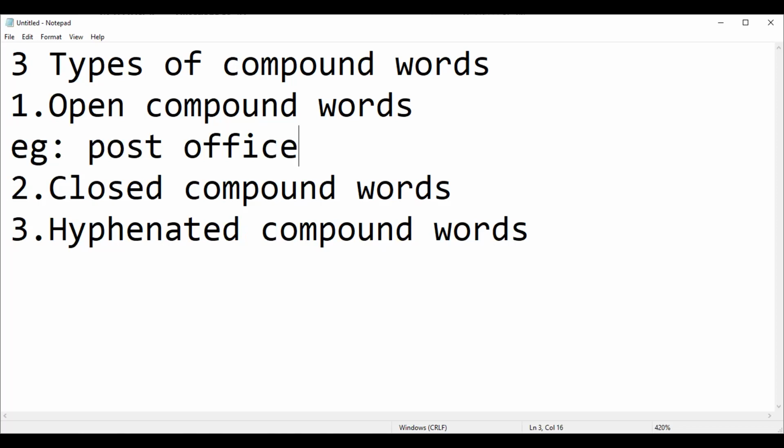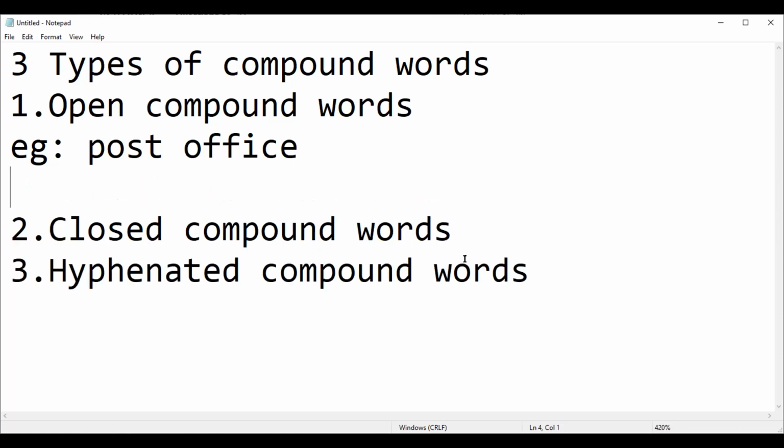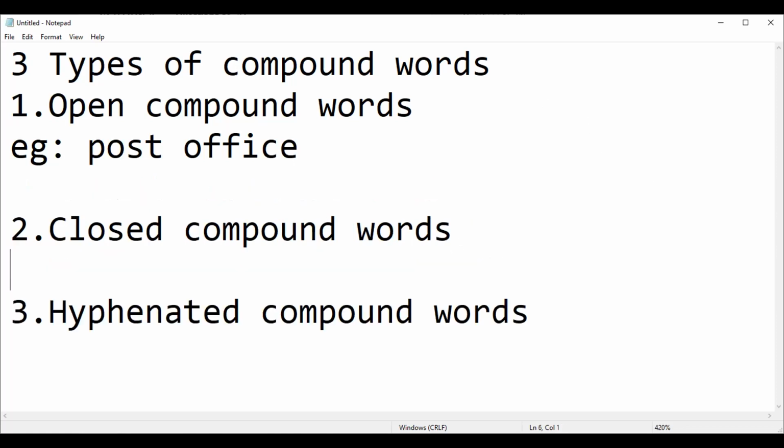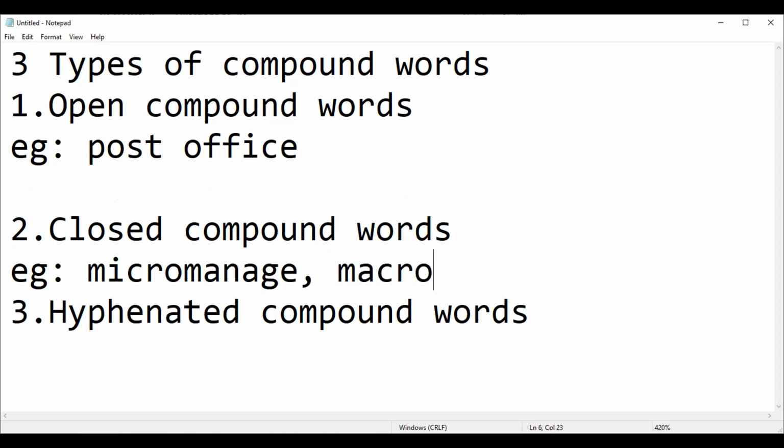Can you see post space office? Yes. So if you write it without a space, then that's a closed compound word and it's an error. It's wrong. So pay attention to your compound words. The closed compound words are a single word comprised of two words, but it's closed. For example, you just saw micromanage. Yeah, and another example is words like this.